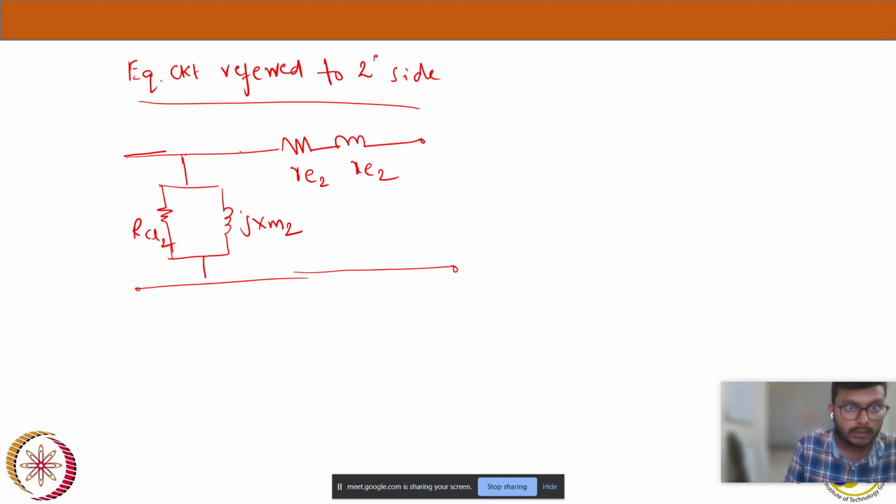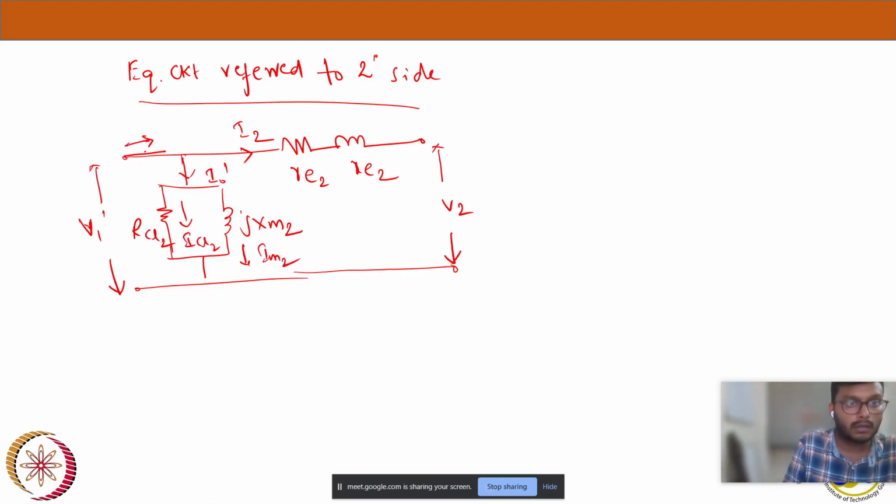Yeah, so the current flowing will be I2 and the supply voltage will be V1 dash and the output voltage will be V2. Yeah, this current will be I0 dash. The current flowing through RCL2 is ICL2, this will be IM2. The current will be I1 dash. So this is more or less the equivalent circuit referred to secondary.